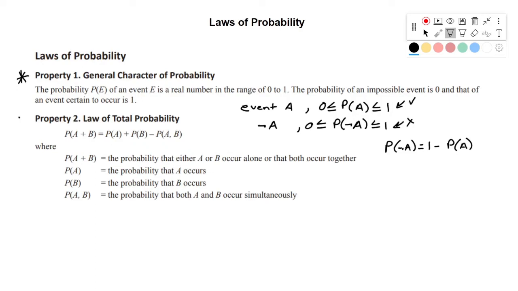If we go on to our second rule of probability, this is the law of total probability. And we could see here we're dealing with an or situation, right? It defines it right here for us in the handbook: the probability that either A or B occur alone or that they occur together. A lot of times people will draw circles to really define this well.